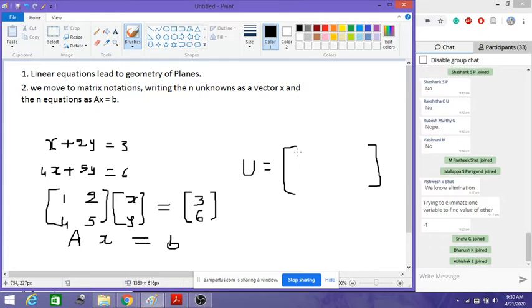For example, if we have some numbers here, 5, minus 2, 4, then 3, 6, here 0 and 1. This kind of matrix, we call an upper matrix, because we have the coefficients only on the diagonal and above the diagonal, and below the diagonal the values are 0.